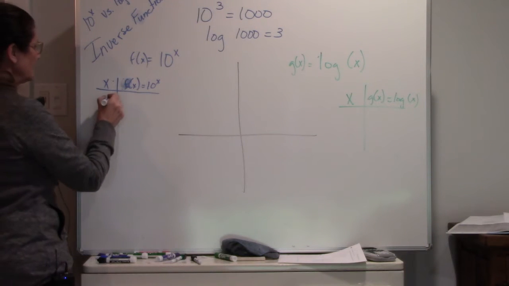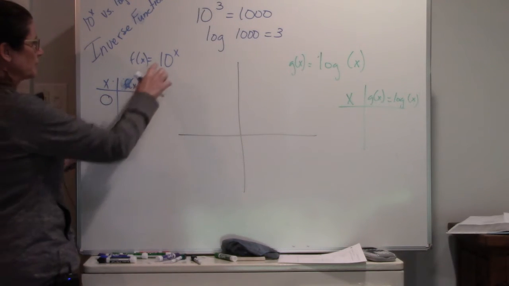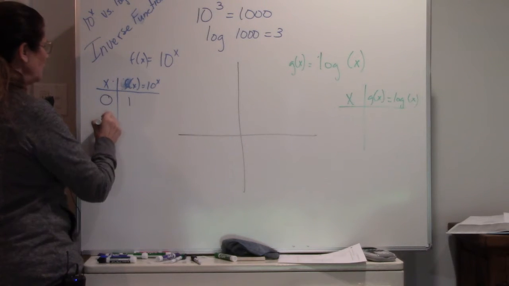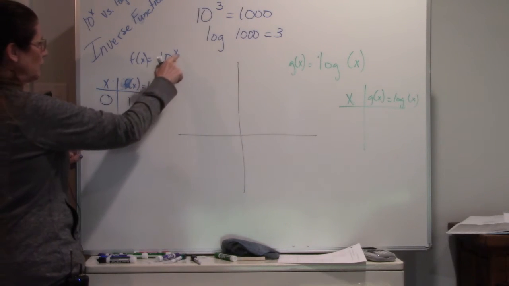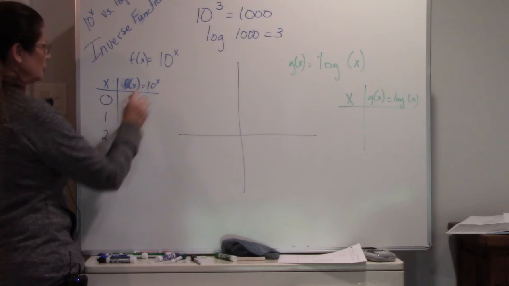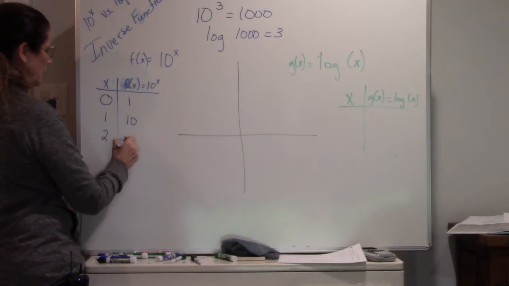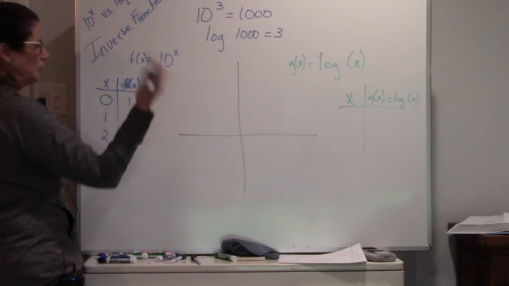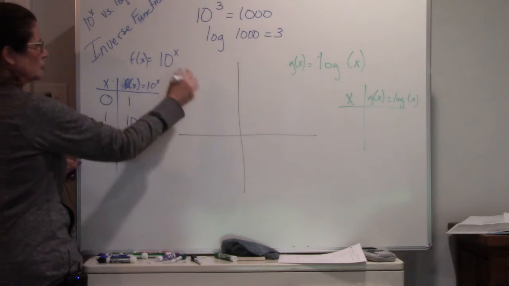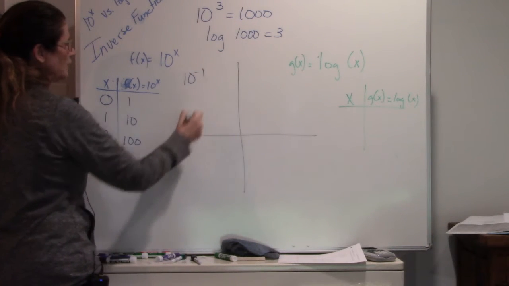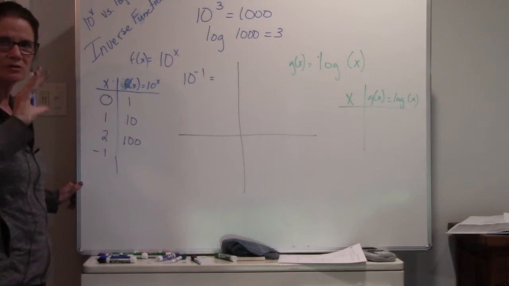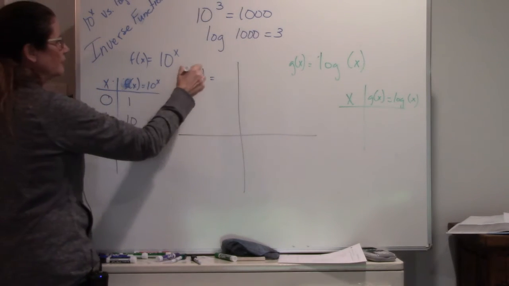If x is 0, 10 raised to the x power is 1. When x is 1, 10 raised to the first power is 10. When x is 2, 10 raised to the second power is 100. Now I'm going to go on the negative side. When x is negative 1, remember, a negative exponent has nothing to do with positive or negative, it only says flip it over.